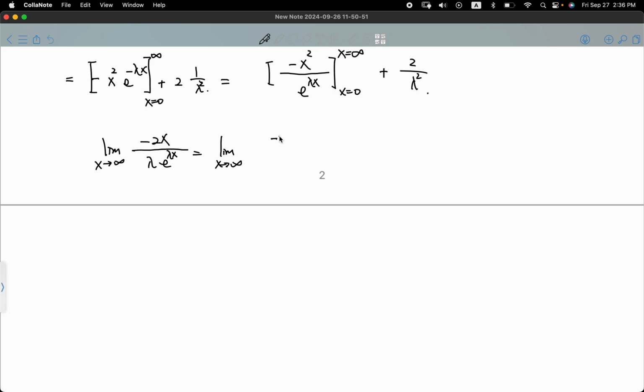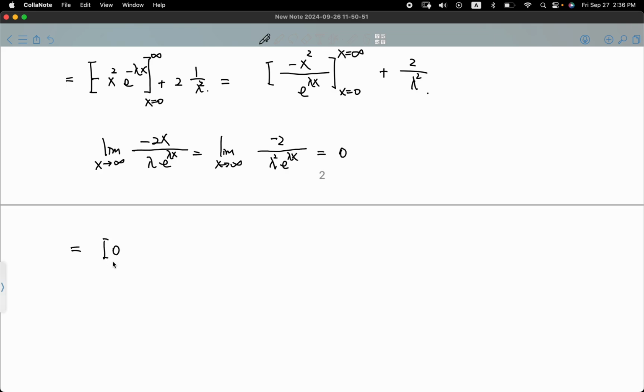You will end up with negative 2 over lambda squared e to the lambda x. And now when you evaluate this at infinity, you have an infinity in the denominator, and then this will end up with 0. So let's go back to this formulation.